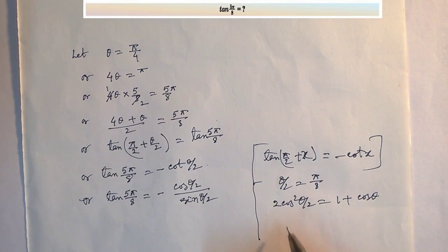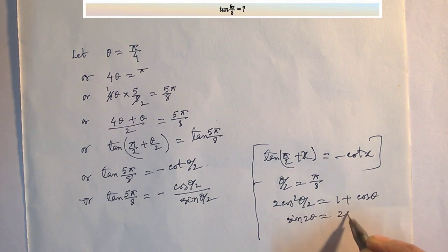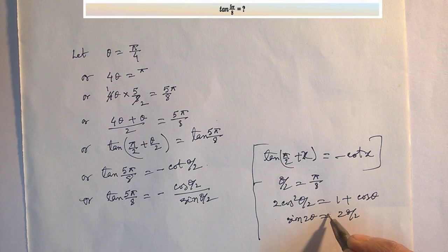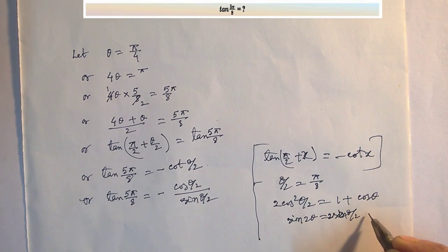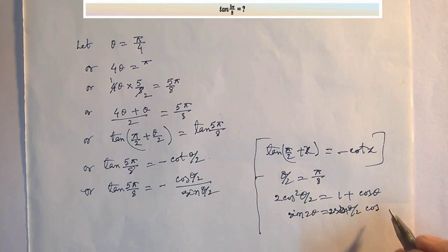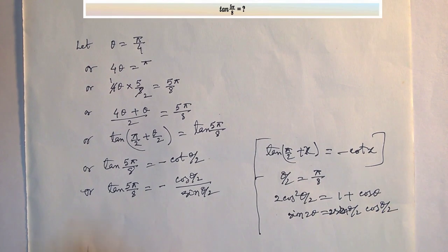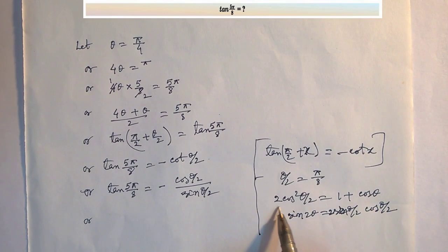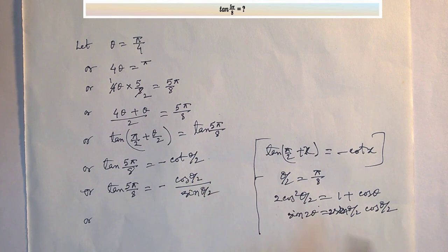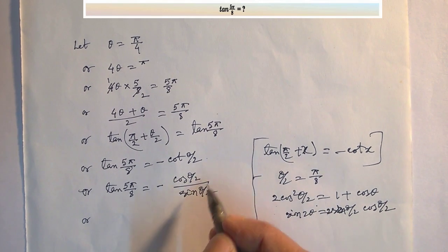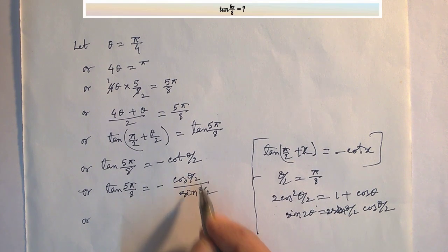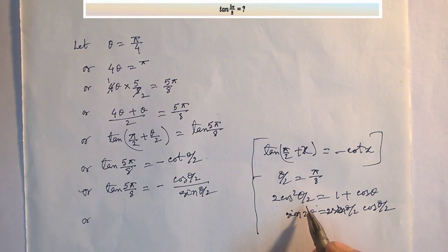Similarly we use the sin 2 theta formula, 2 sin theta by 2 cos theta by 2. So to get this in the numerator and denominator, we will multiply both numerator and denominator by 2 cos theta by 2.